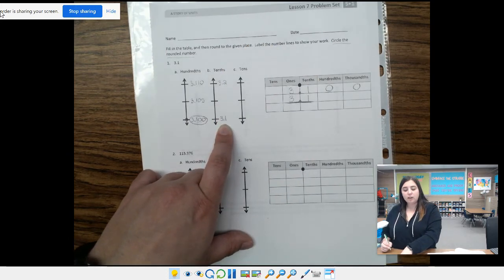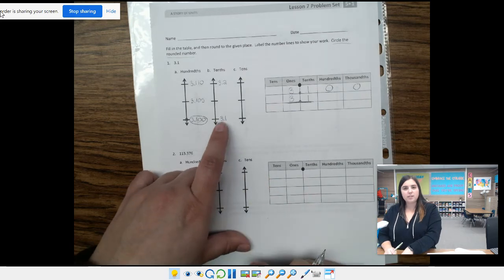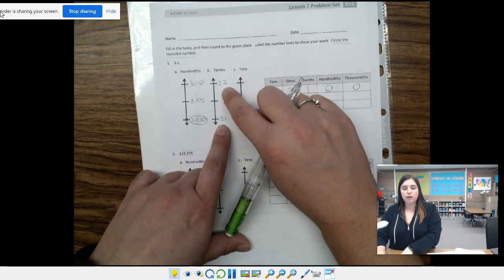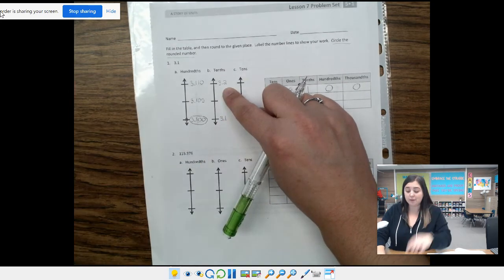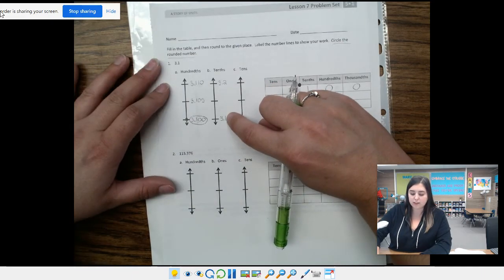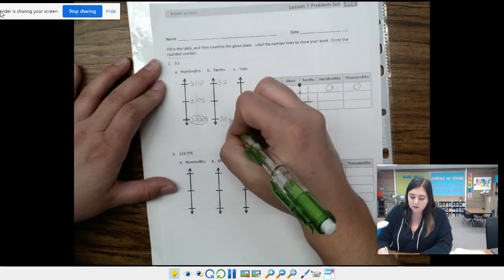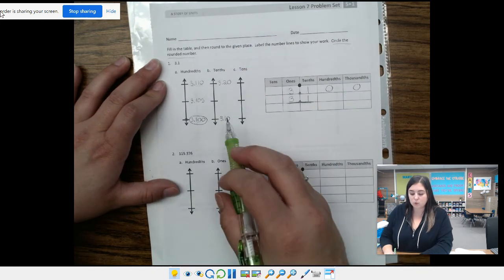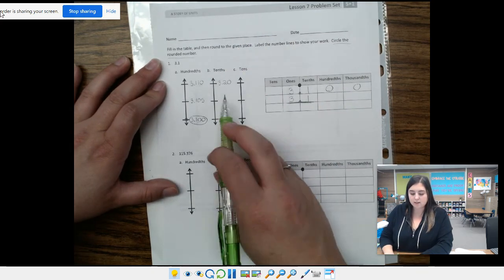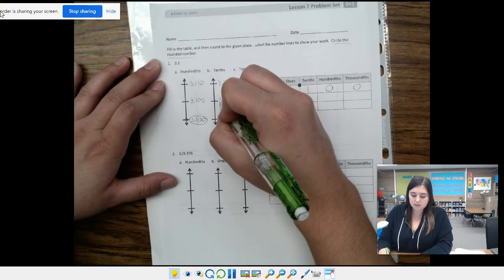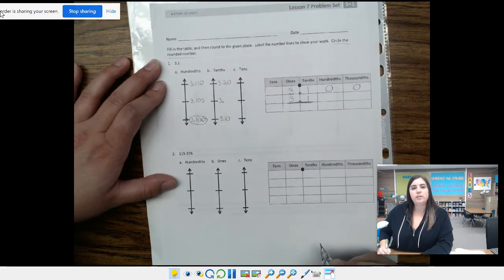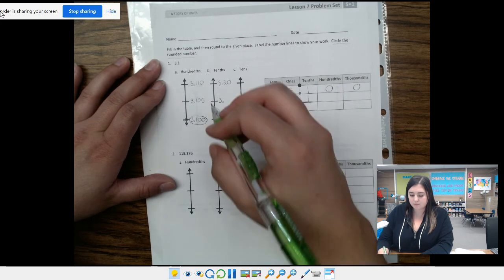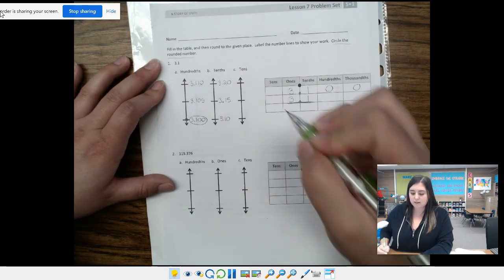And again, if money helps you think of this, this would be like $3.10, $3.20. In fact, I'm going to use that because there's nothing in between 1/10 and 2/10. So I'm going to add that 0. Now there's something between 10 cents and 20 cents. So it's still going to be $3. What's in between 10 and 20 cents? 15.